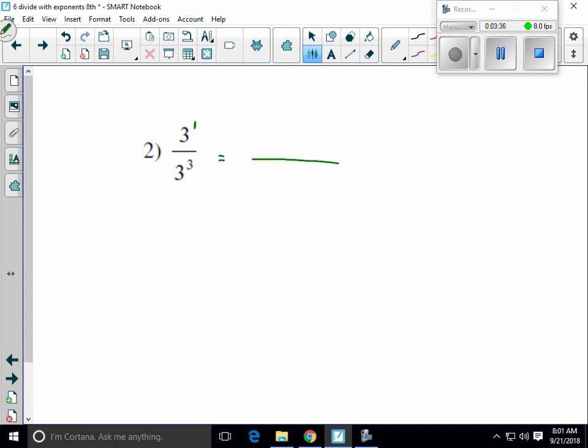It should be in the denominator. You don't have to write this, but there are more 3's in the denominator. So when I divide these, I'm going to have 3 squared left, but it's going to be my denominator. We'll draw this one out on the other side.